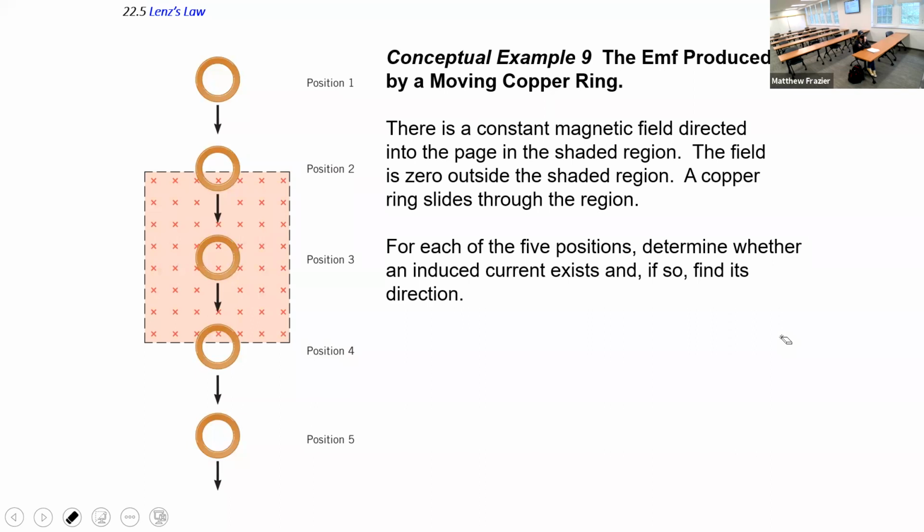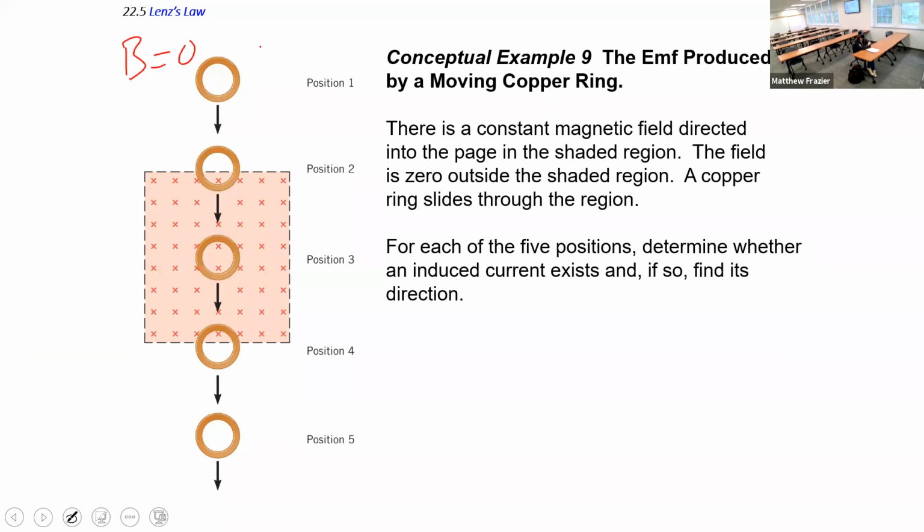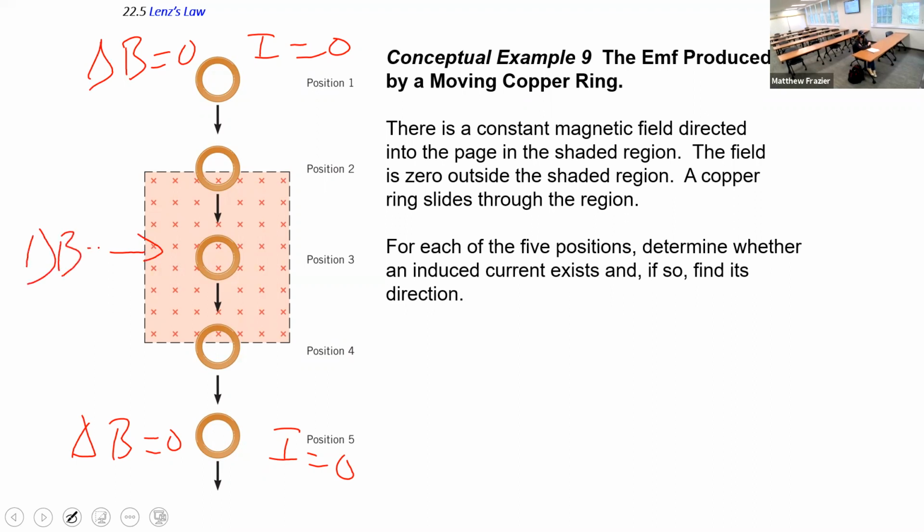So I'm going to do 2 and 4 last, because the field's constant in the box. So in position 1, the magnetic field is 0 and it stays 0. So I is 0. And the same thing for 5. But really it's the change in the field. So in here for 3, there's no change in flux.